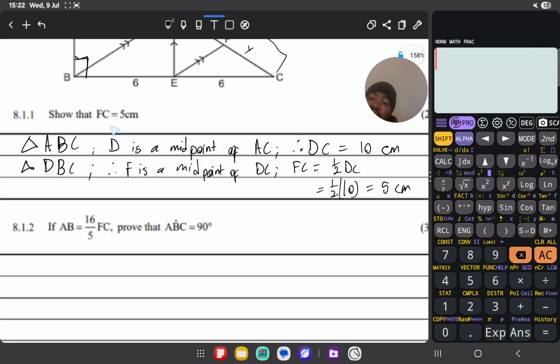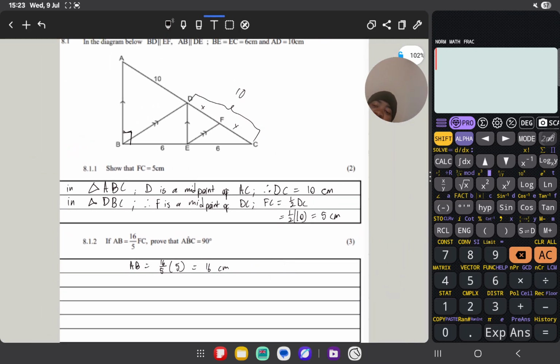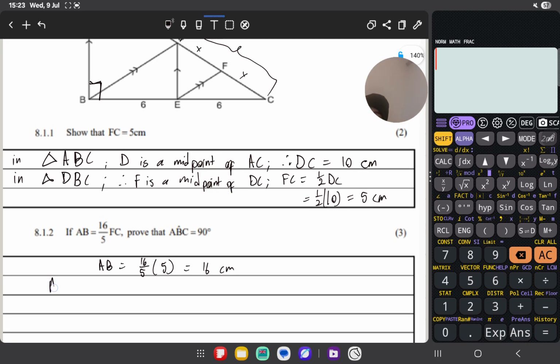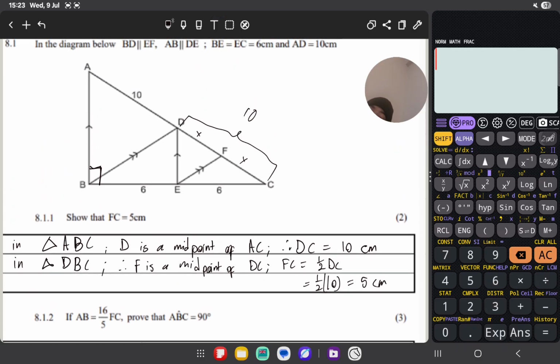First, we know what FC is, so we can say AB equals 16 over 5 multiplied by 5, which is 16 centimeters. On the whole triangle, AC equals 20 units. Let's look at AC.